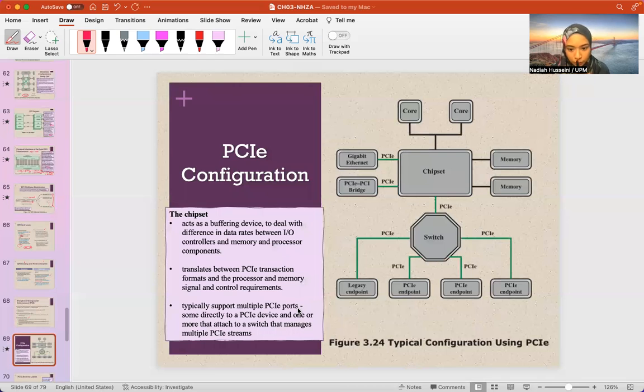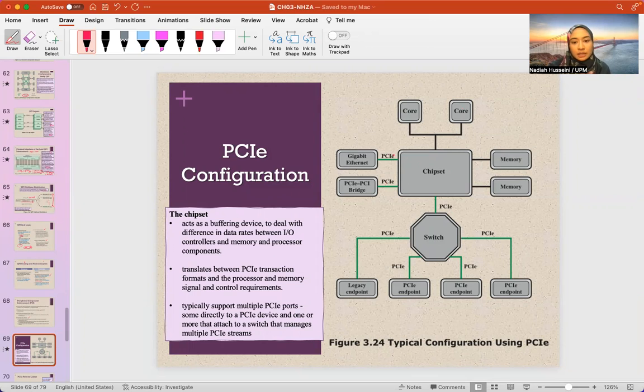Okay, so this is a typical configuration using PCI Express. Let's ignore PCI now and focus on PCI Express first. Here we have a chipset. The chipset is connected to the PCI Express, and also to the core and to the memory. So we can say that the chipset acts like a buffering device between the core and the memory and the PCI Express.